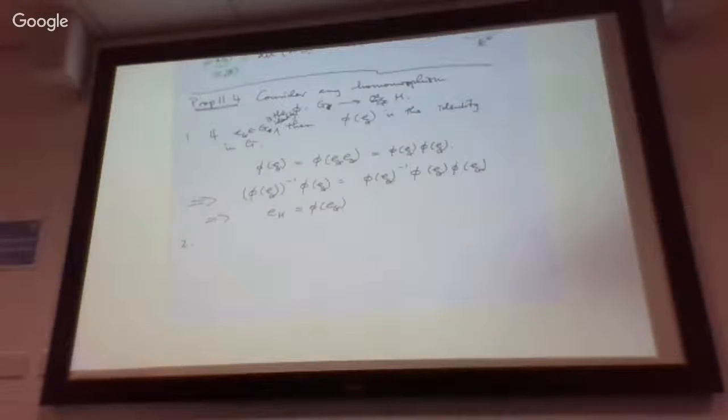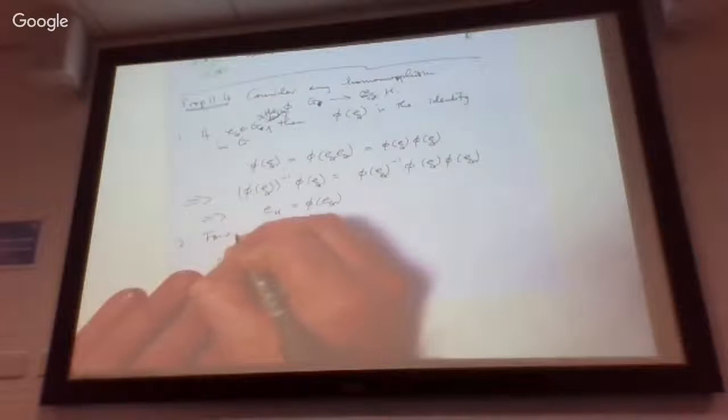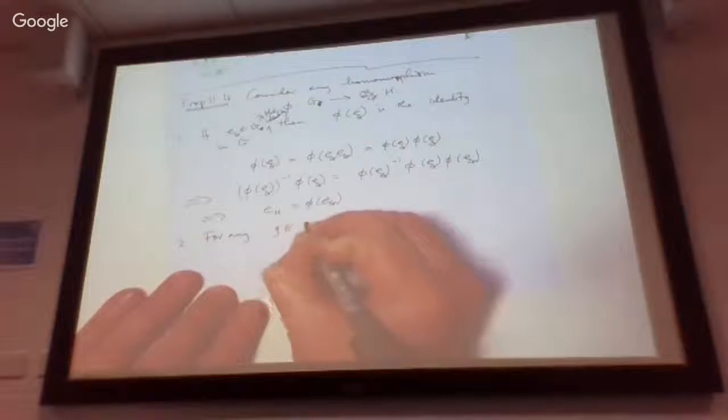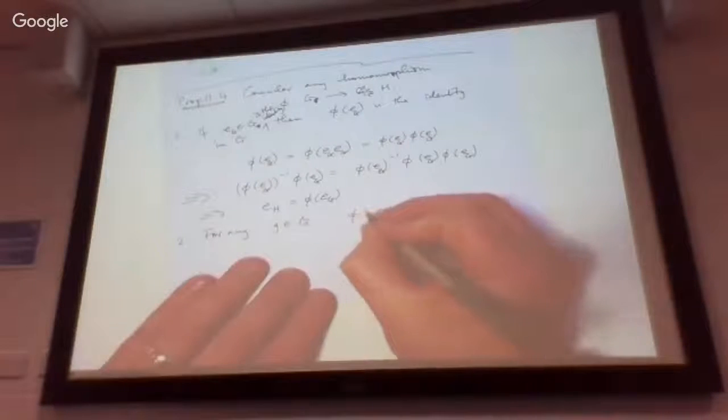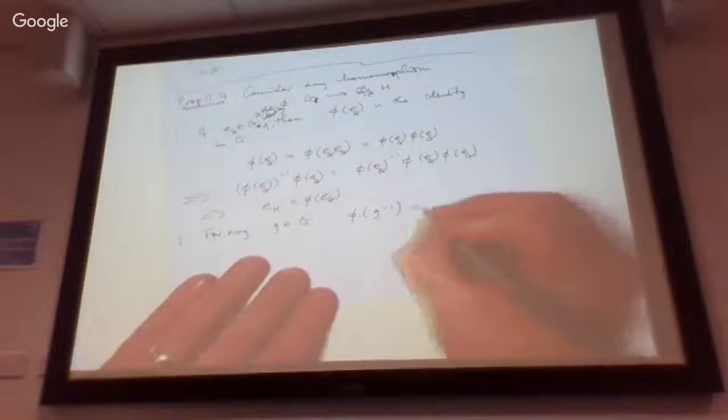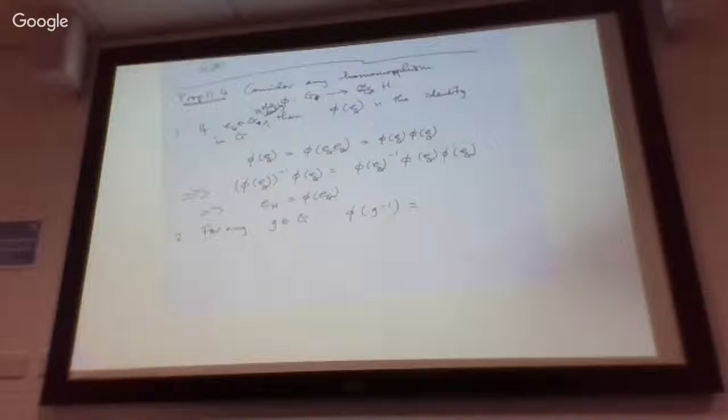Then for any element G of the group G, where are we going to map G inverse? Well, if you want phi to respect the group structure in both groups, it's really only one choice.